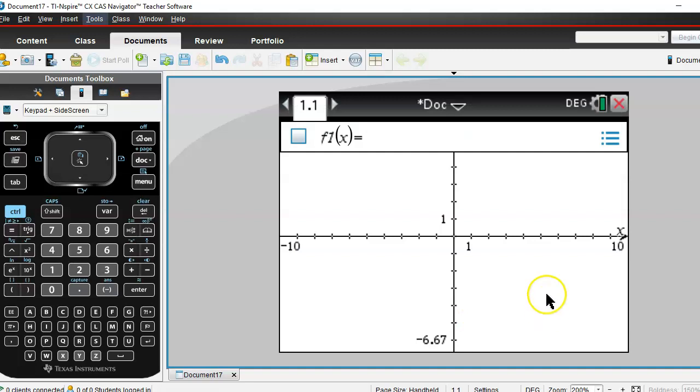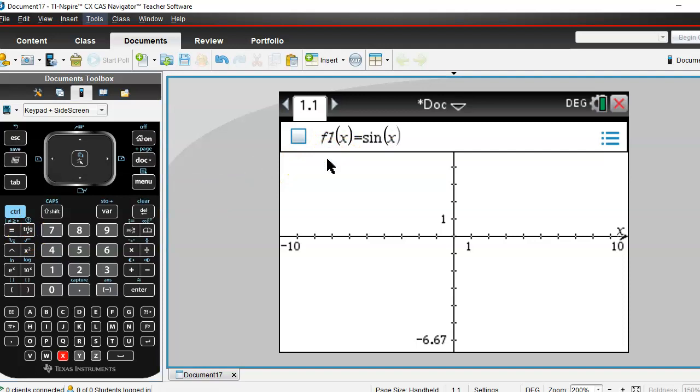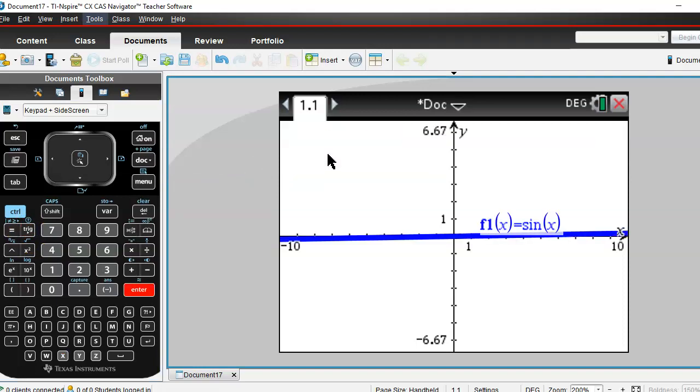Okay. All right, so how do I make a sine graph? Well, easy enough. I go to my Trig, sine x, enter. There we go. Oh no, that doesn't look very good, does it? Now this is where you start fiddling a bit, and you'll get quicker and quicker at it.